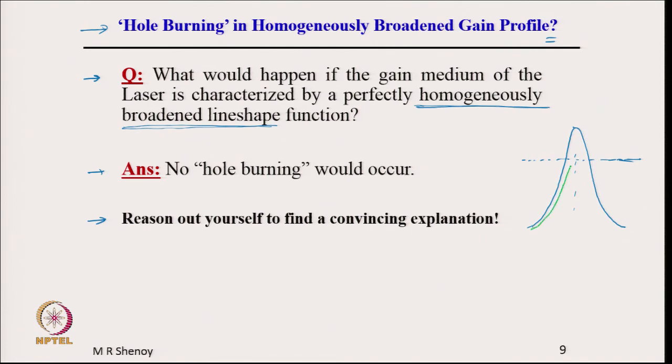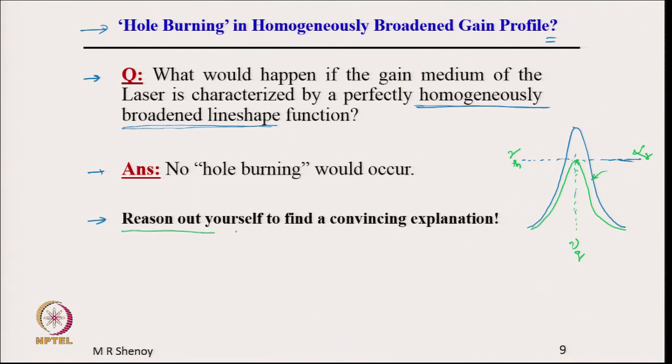The whole gain profile would come down and get clamped to the threshold value. There is no hole burning. The entire gain profile will be pulled down, so that the gain gets clamped. If this is the oscillating mode nu q, then the gain gets clamped to its threshold value, gamma threshold, which is equal to alpha r, the resonator loss.